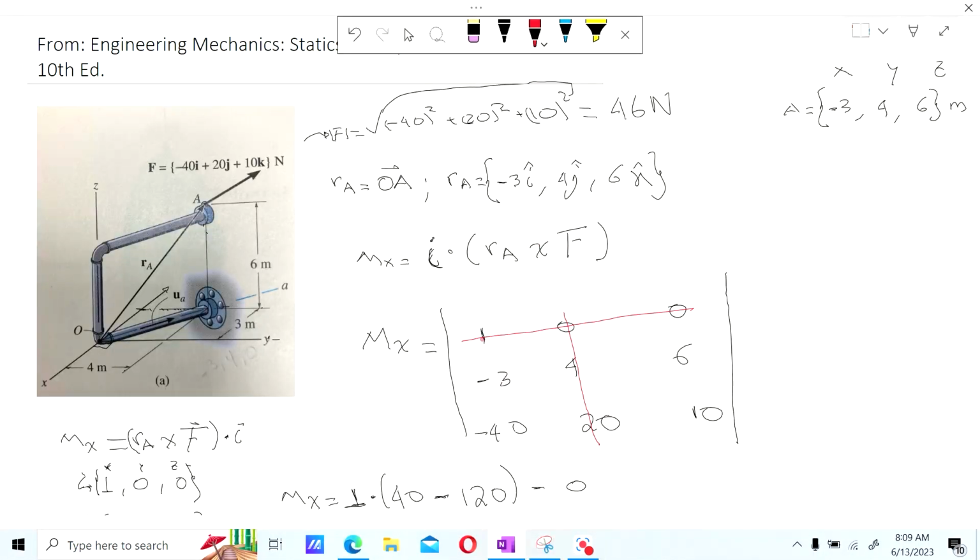So you always cross the first row, but you cancel the columns of the I, j, and k. So this is 0 times negative 3 times 10, which is negative 30, minus, it's always minus, 6 and negative 40. So positive 6 times negative 40 is 6 times 4 is negative 240. 6 times 4 is 24.